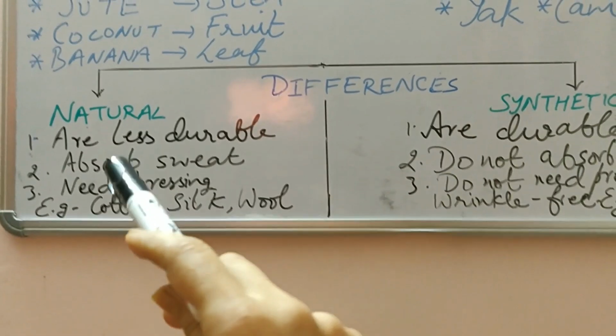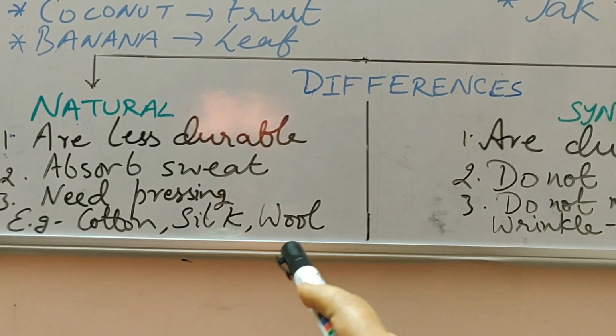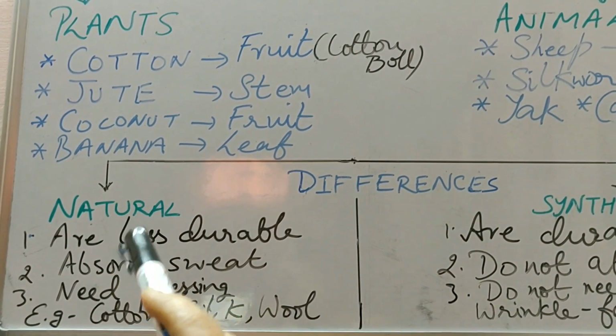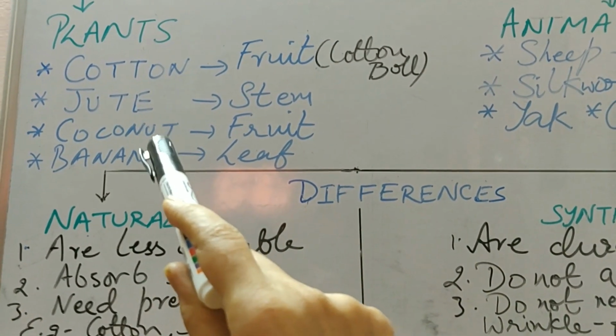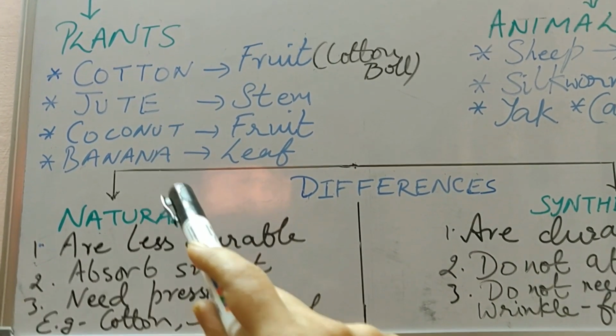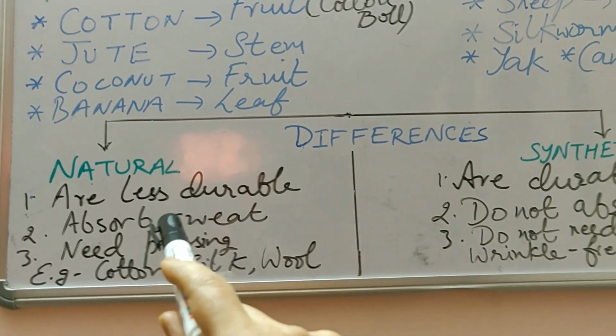Then you should know the examples of these fibers, that is cotton, silk, wool. Then we have talked about banana, coconut fiber, which is also known as coir. So flax and hemp, all these are examples of natural fibers.